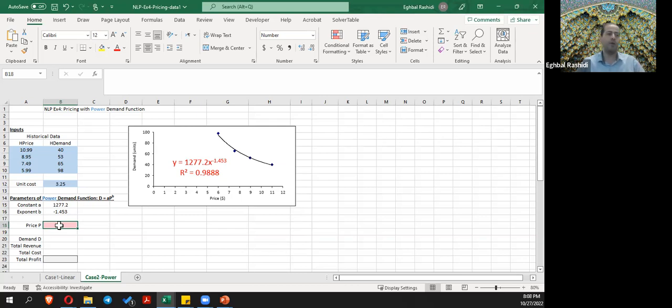The price is going to be our decision variable, and the demand is going to be a function of this price, which is, let me again go ahead and name this here.